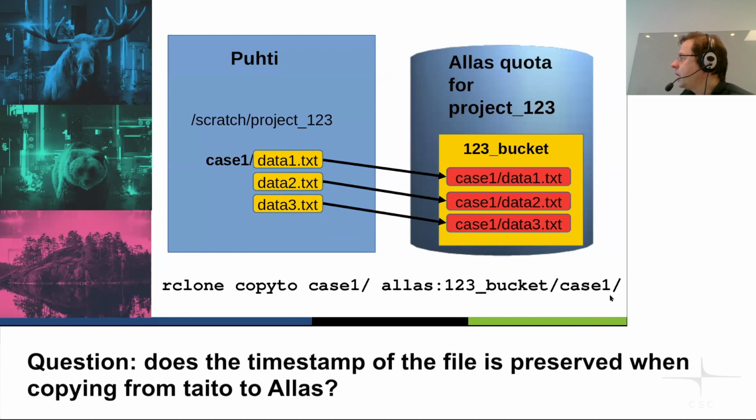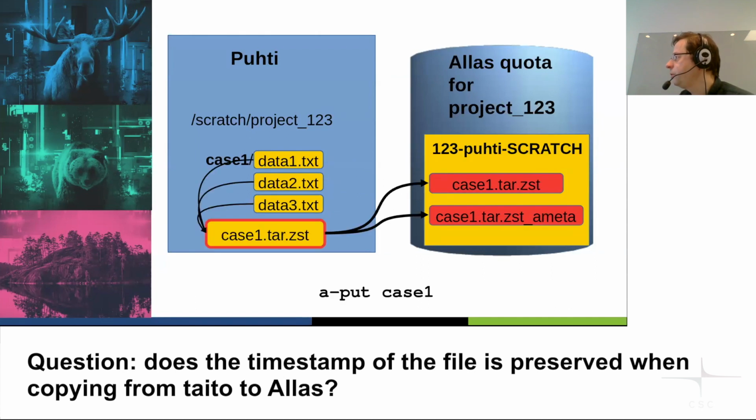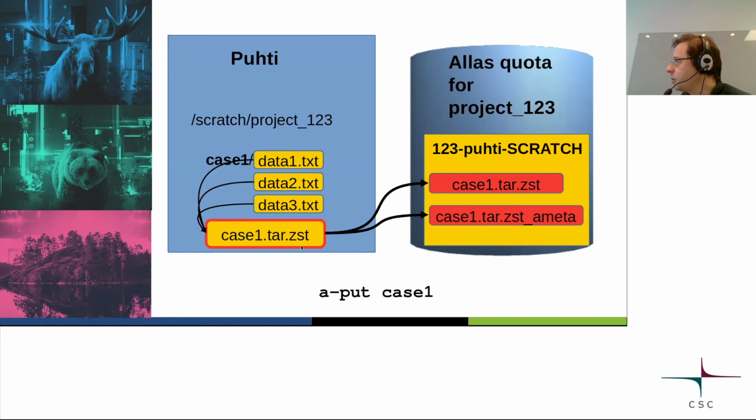Yes, the timestamp of the file, I think it's preserved when you are copying it to Taito, and especially it's very well preserved if you use this put command, because here we by default collect the data first into a tar package, which keeps the original timestamps and also linkings, which are not preserved by the rclone command.